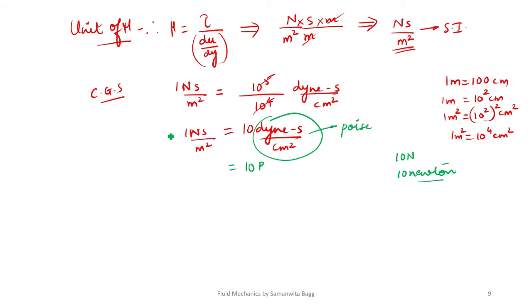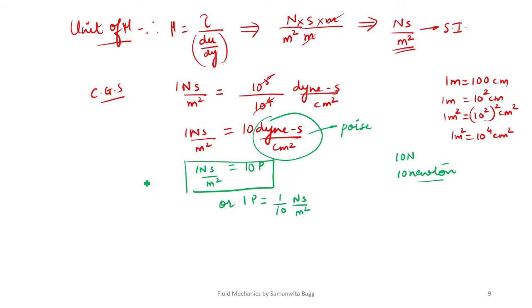Similarly here, this is 10 poise. So I have 1 Newton second per meter square is 10 poise. Or you can say 1 poise is 1 upon 10 Newton second per meter square. As you require it for the numericals, you can shift it.